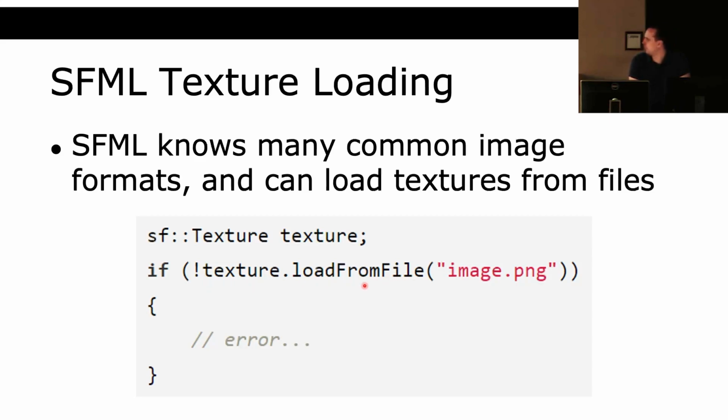So this loadFromFile returns a Boolean for whether or not it successfully loaded the file. If you want to do error handling surrounding the loading of textures, this is how you would do it. If this returns false, then I could handle an error somewhere. For example, if you have a configuration file and you're loading all the textures from it, and one of them fails to load, you probably want the game to exit and say, hey, I couldn't find that texture.